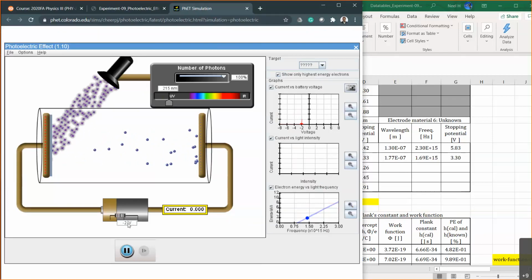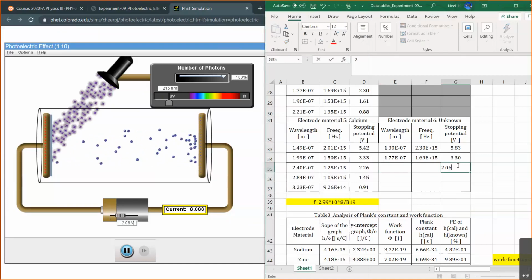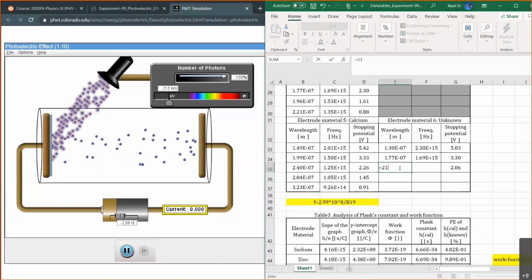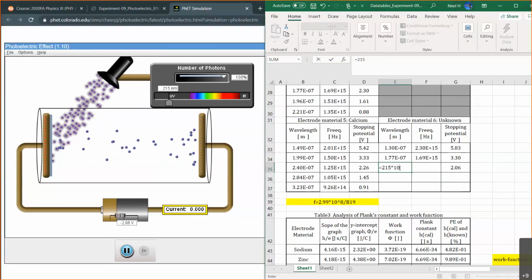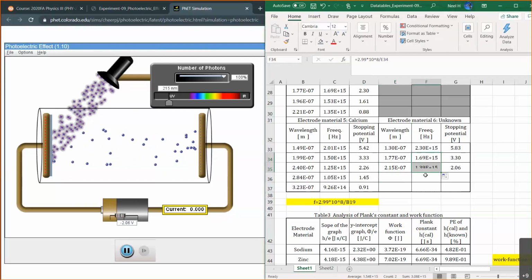Maybe I should try 2.05. 2.07, 2.06 is also 0. Yep, so we should do 2.06. That's the best value. 2.06. And the wavelength is 215 multiplied by 10 to the power minus 9. Frequency you can click and drag.